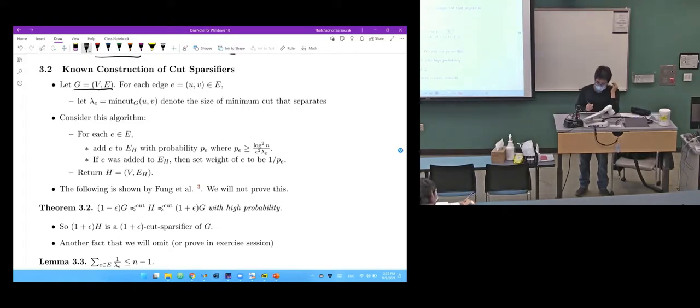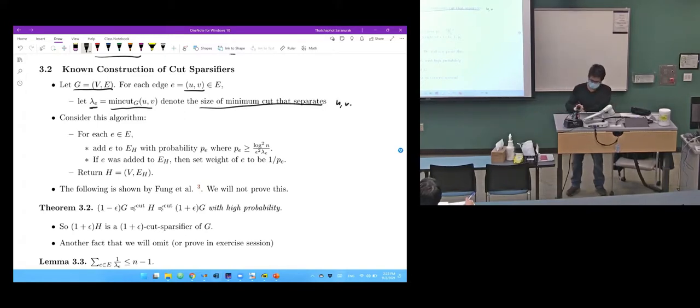If you take any graph G and look at each edge UV, let's define lambda of e to be the size of the minimum cut that separates U and V from each other. Take any edge e.